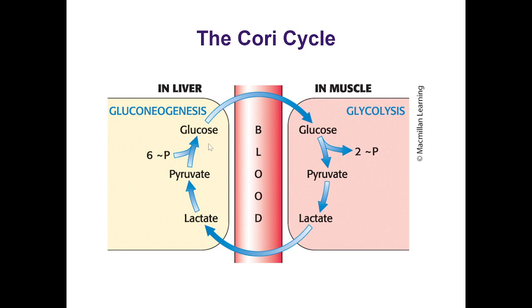Now keep in mind that the Cori cycle does not actually necessarily have to complete a cycle, okay? So if you ended up exercising a bunch, produced a bunch of lactate, your body's still taking that lactate and converting it back to glucose. You could end up having it and then you eat a bunch of sugar.